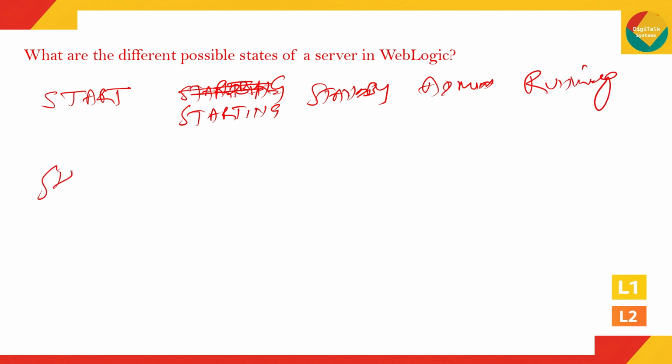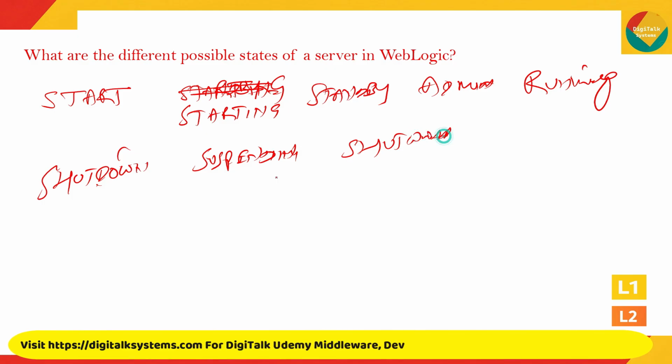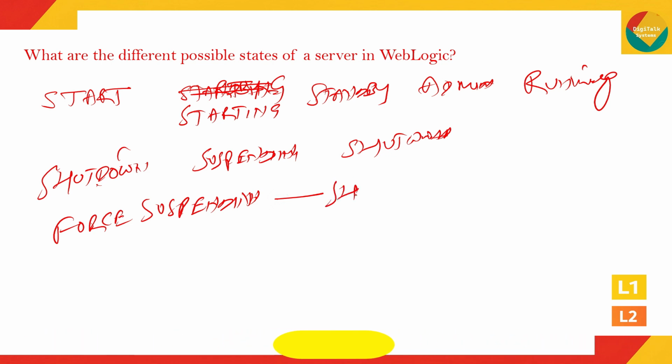Similarly, in case of a shutdown, there would be suspending, and then a state called shutdown. There could be another state which sometimes you will see, force suspending, and then it will go to shutdown.